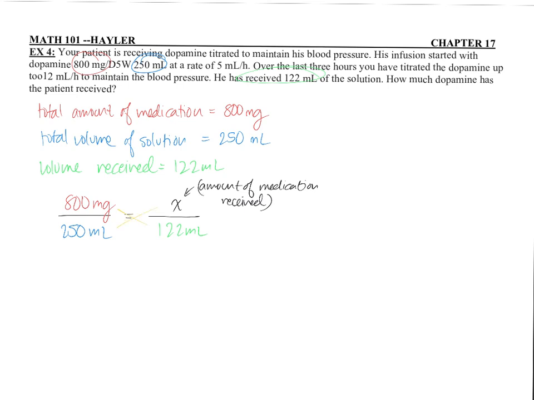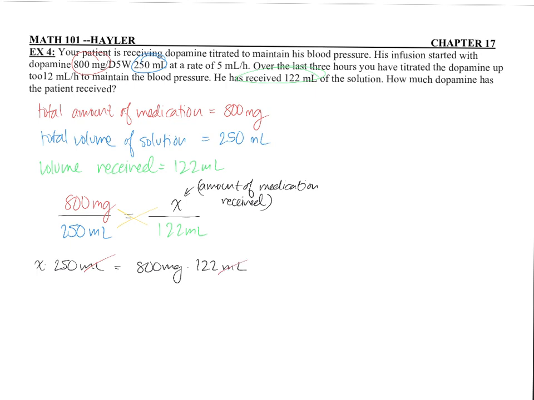Okay, we can go ahead and cross multiply. And we get X times 250 milliliters equals 800 milligrams times 122 milliliters. Go ahead and cancel out the milliliters.